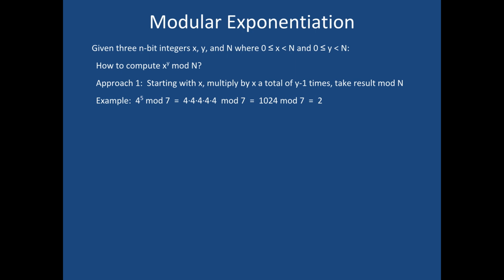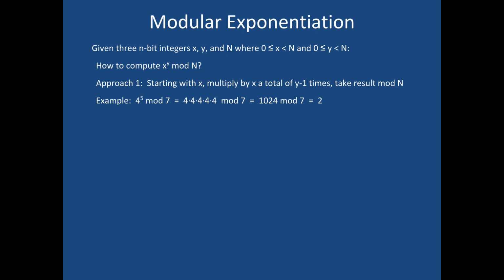So imagine an 800-digit number raised to an 800-digit power. And you do this by multiplying this 800-digit number by itself over and over and over again. It would take a long time, and the number will get gigantic before you take the mod, right? So that's not how it's done.